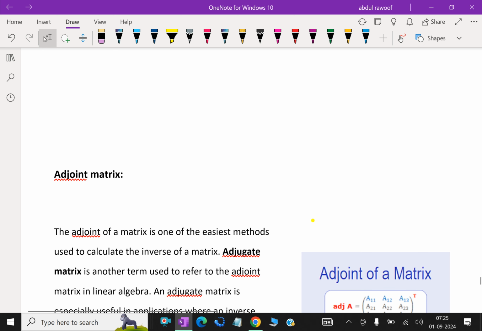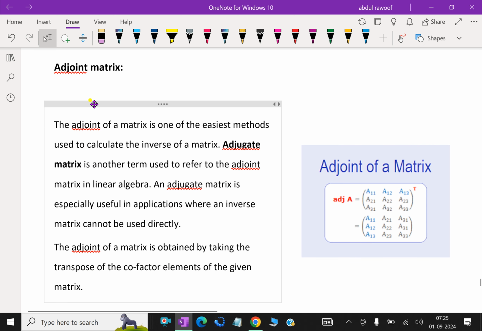Next one, adjoint matrix. The adjoint of a matrix is one of the easiest methods to calculate the inverse of the matrix. It can be called adjugate matrix also, another term used to refer to the adjoint matrix in linear algebra.